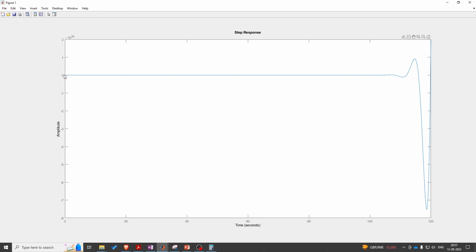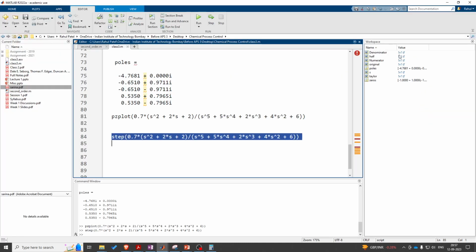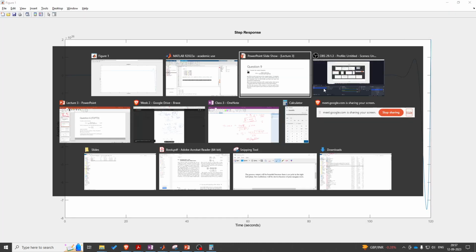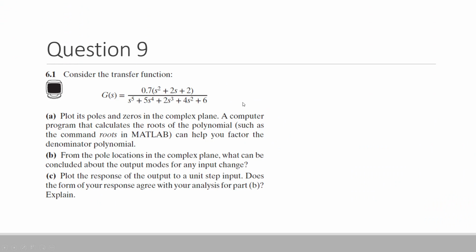Initially it was 0, then after around 110 seconds the oscillations start and the value keeps on increasing. So the output is not bounded, and that is why we can say that the system is unstable. This happens because of the presence of this pole on the right half of the plane. That is what we conclude from this last question.